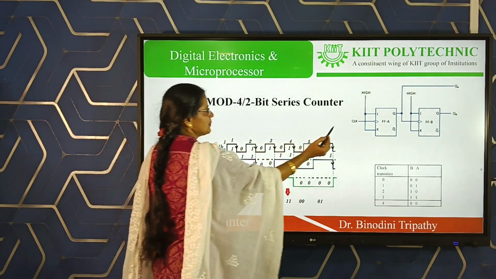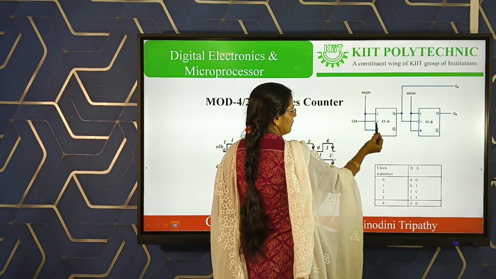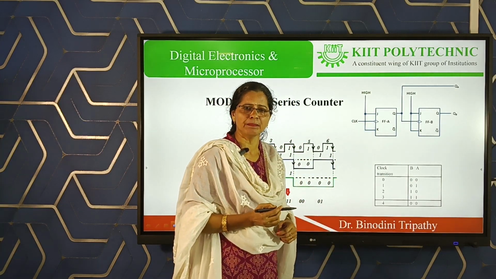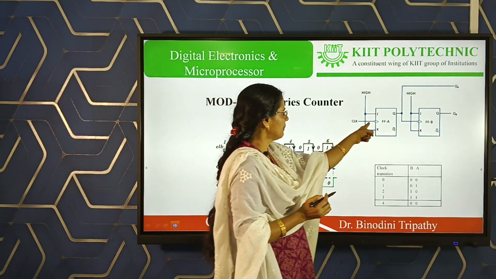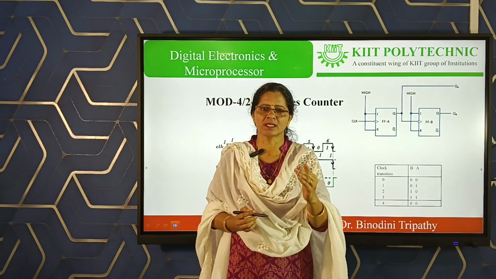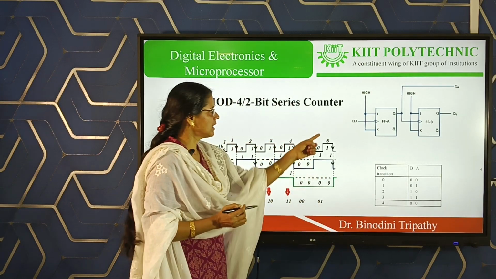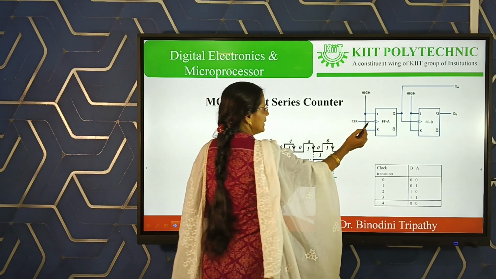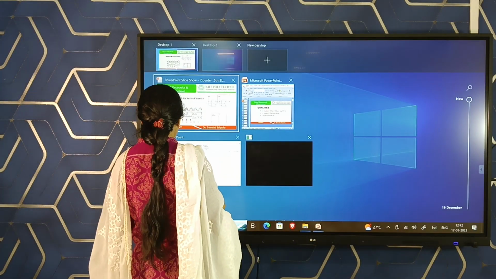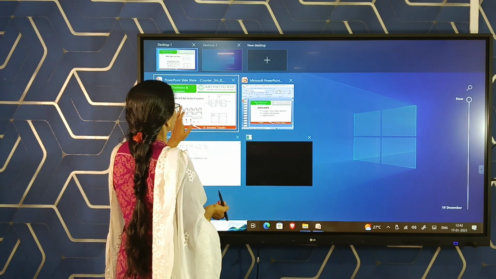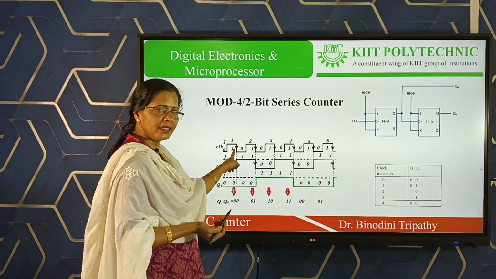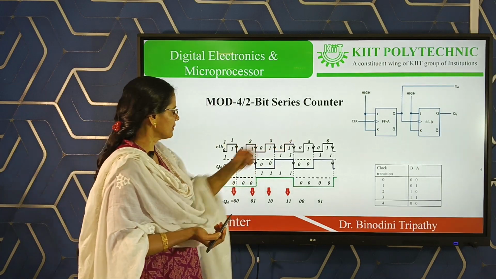Then as for the symbol, we are putting a bubble and a cap. So this indicates your flip-flop is negative edge triggered. If you don't have any bubble, that indicates your flip-flop is positive triggered or changes state at the positive edge. So as for our case, bubble means our flip-flop will change state at the negative edges because it is negative triggered.